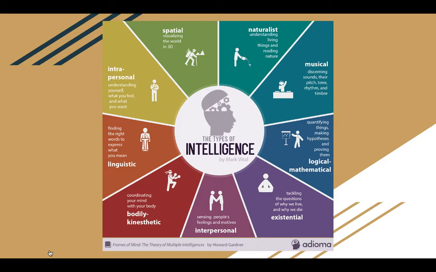Gardner's work on multiple intelligences helped us understand that students learn in different ways, and as we entered into the age of technology, we wanted to look at how new technologies can help us with those different ways of learning and different modalities.